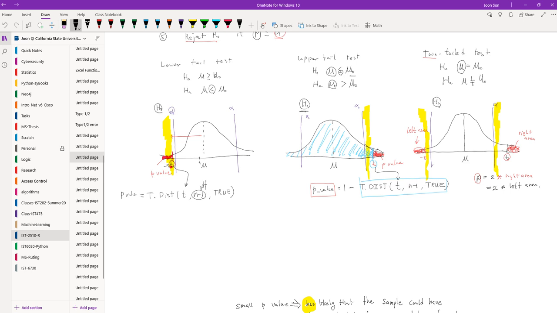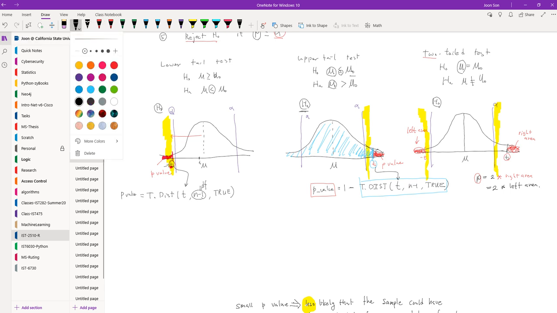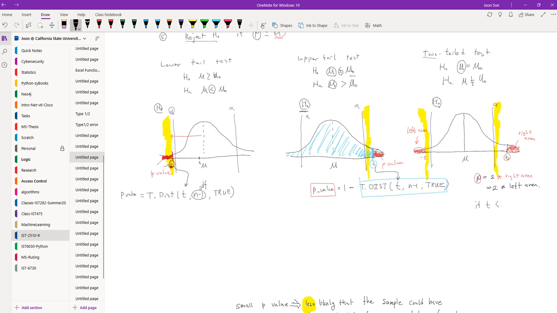If your t-value is negative, like in this case, we have to assume that this is a t-distribution, so the center is 0.